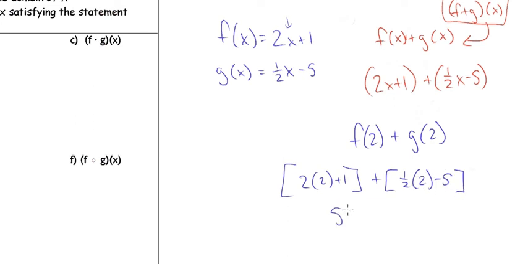Remember, f of 2 was 5, and this is 1 minus 5, which is negative 4. So 5 plus negative 4 gives us 1. 1 is going to be our answer to what is f of x plus g of x. It's equal to 1. And again, another way to write that would be f plus g of x. Now that's just adding.